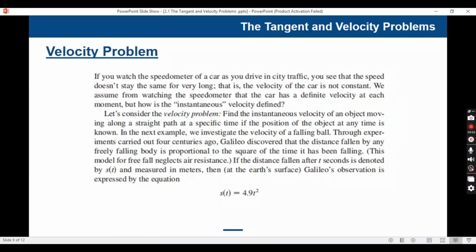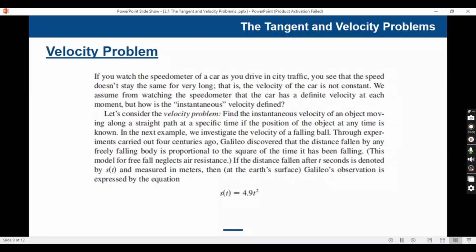Okay. So now we're going to the velocity problem. If you watch a speedometer of a car as you drive in city traffic, you see that the speed doesn't stay the same for very long. That is, the velocity of the car is not constant.